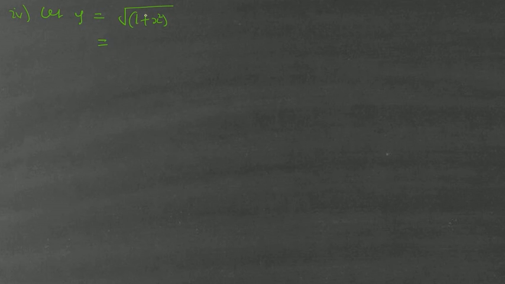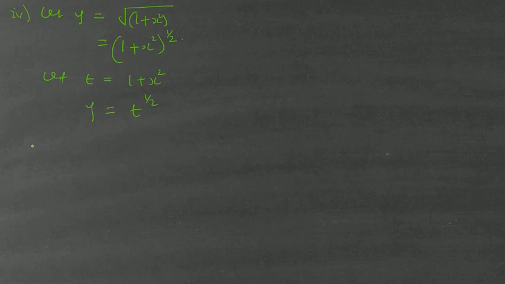When we have a square root, it is the same as power a half. So we do the same: let t be what is in the bracket, which is 1 plus x squared, and then y would become t to power a half.